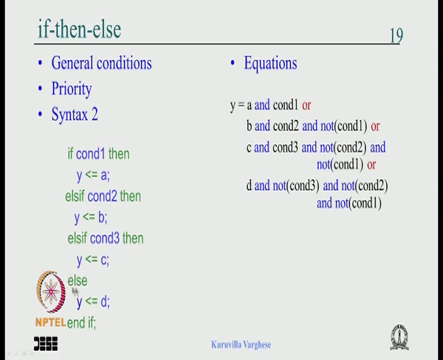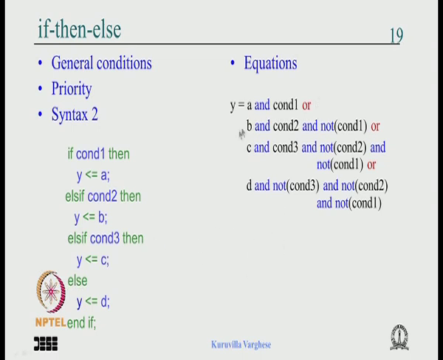At the end you say else, which comprises all, not of all the conditions. When you specify a proper combinational circuit, you should have the last else. I will tell you what happens if it is not there. It is very important, as it comprises everything else; only then is the truth table complete, okay. Because we are putting conditions, which means some rows of the truth table. When you say last else, it means all other rows in the truth table.